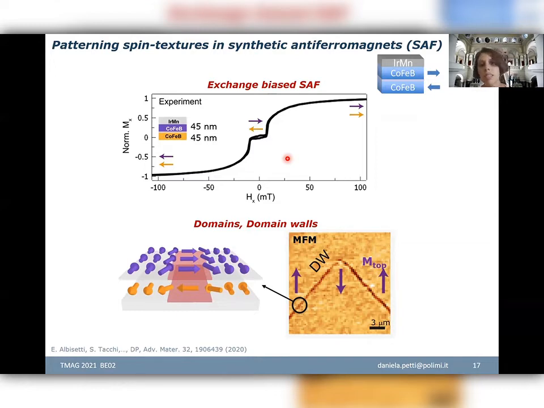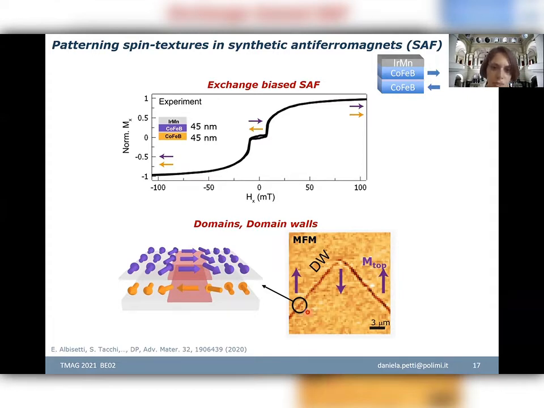So the idea is that if we are able to write exchange bias, so control the magnetization of the top cobalt iron boron, point by point, we have also fixed the magnetization of the bottom ferromagnetic layer due to the bilayer coupling. And these are indeed the results in which we can see the MFM image.